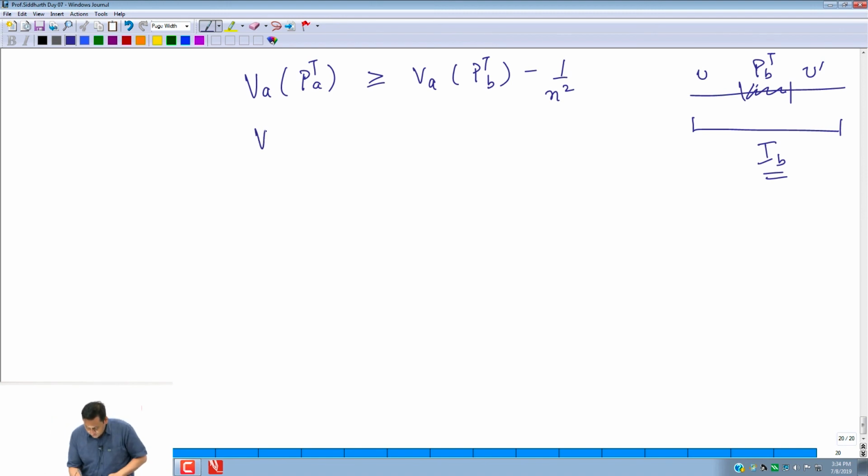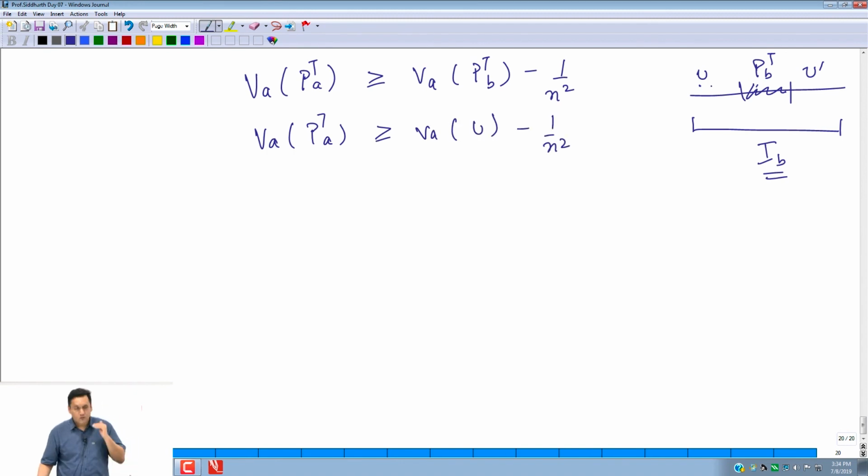Note that not only do I have this, I actually have this inequality with respect to U. Why do I have this? Well, the algorithm terminated exactly when this was satisfied for all A and for all U prime. Otherwise, you would have run this one more time.